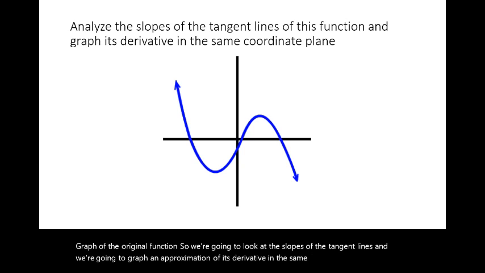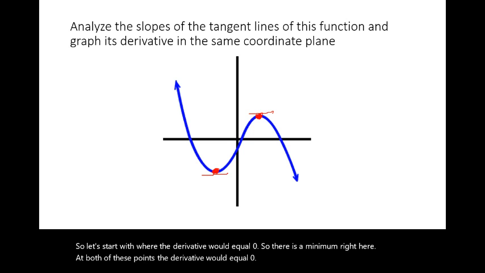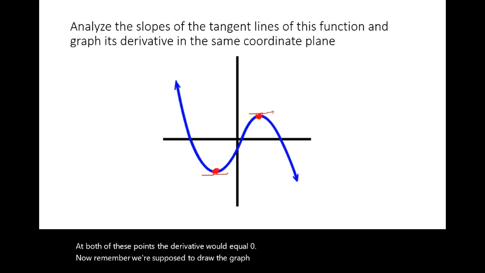So let's start with where the derivative would equal 0. There is a minimum right here and a maximum right here. At both of these points, the derivative would equal 0. Now remember, we're supposed to draw the graph of the derivative. So the derivative has a value of 0. The 0 of a function is also known as an x-intercept.